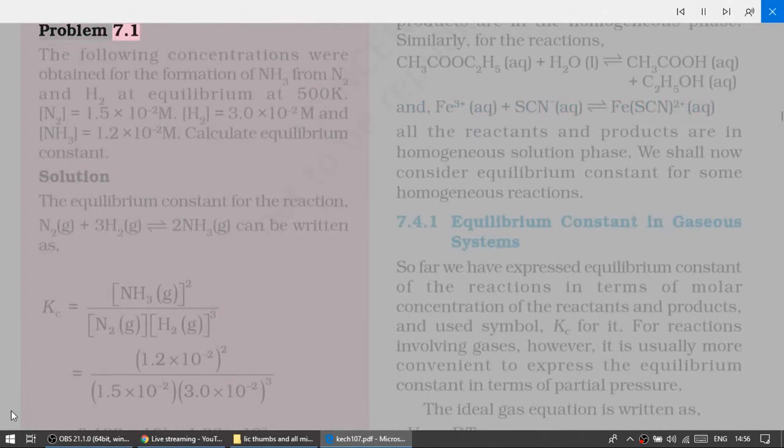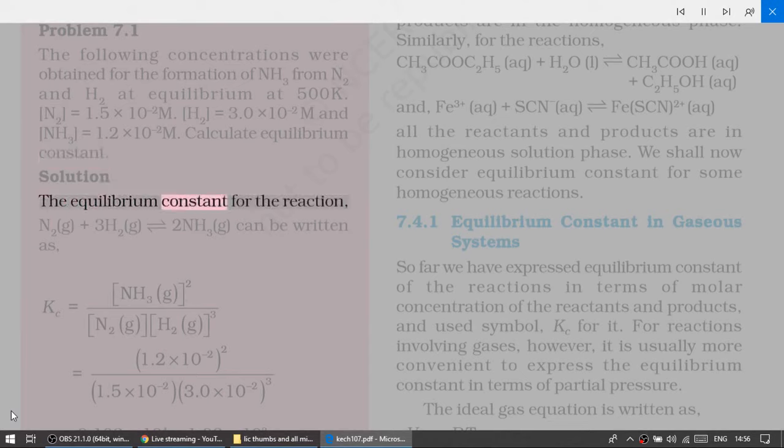Problem 7.1. The following concentrations were obtained for the formation of NH3 from N2 and H2 at equilibrium at 500 K. [N2] = 1.5 × 10⁻² M, [H2] = 3.0 × 10⁻² M and [NH3] = 1.2 × 10⁻² M. Calculate the equilibrium constant.